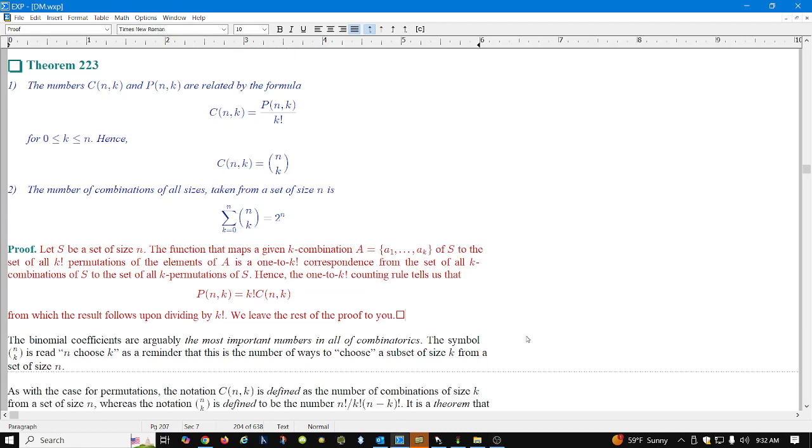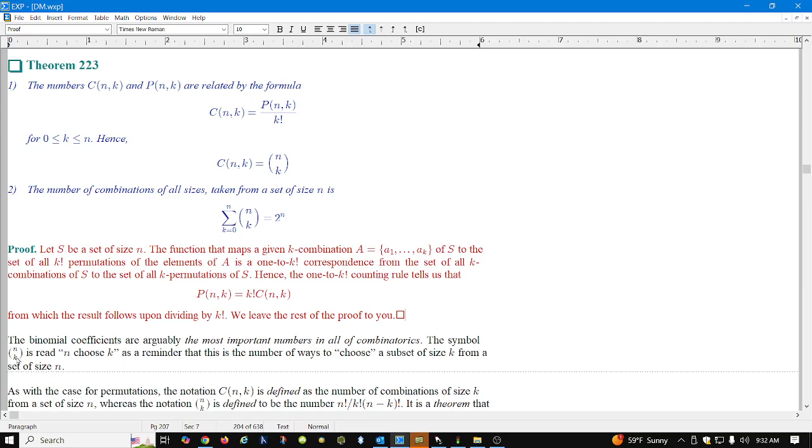Now I say the binomial coefficients are, arguably, the single most important numbers in all of combinatorics. They've been around for about 1,000 years, give or take. There are, in some sense, whole books written on binomial coefficients.